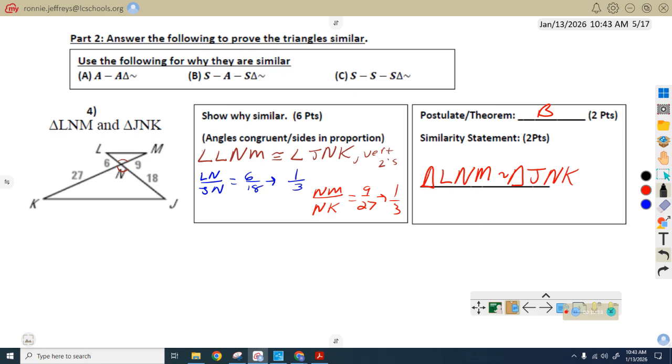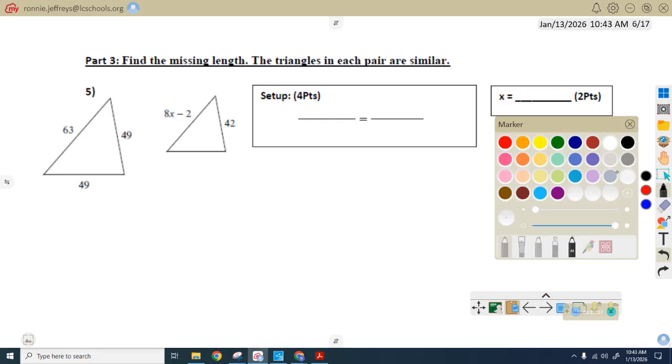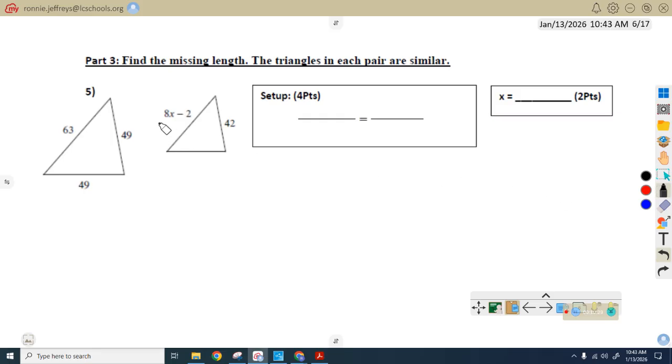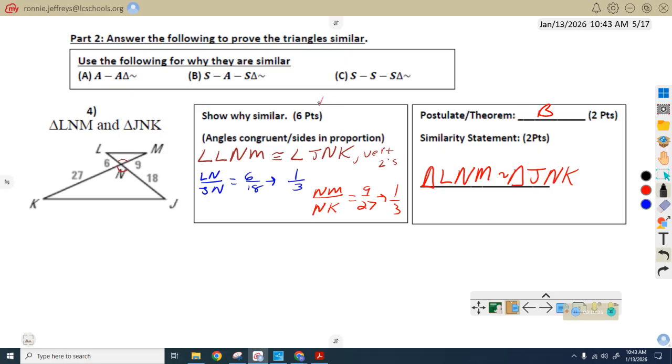All right. So, number 5. And also the points value for this, again, this is 6 points here, 2 points here, so this would be 8 points.